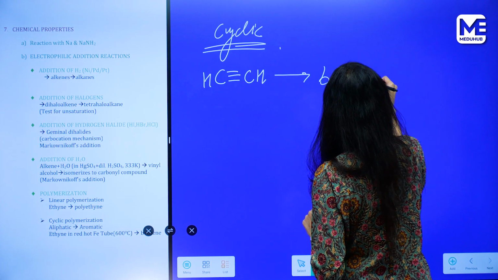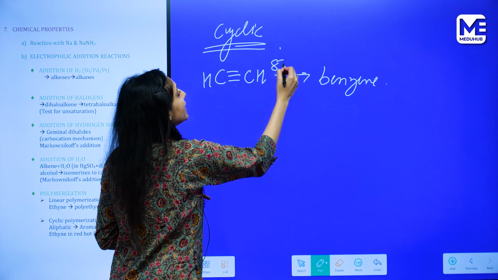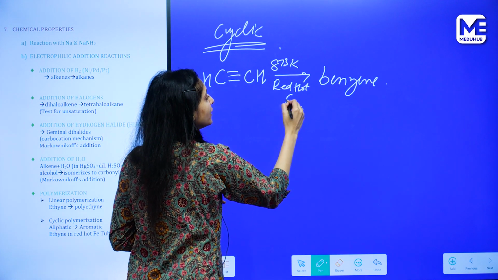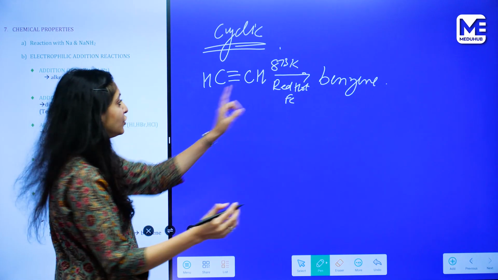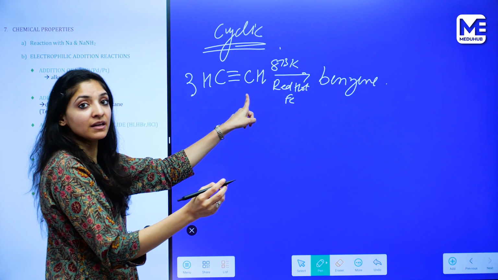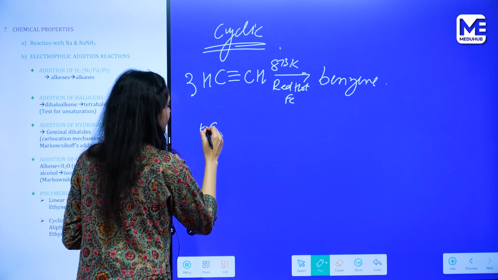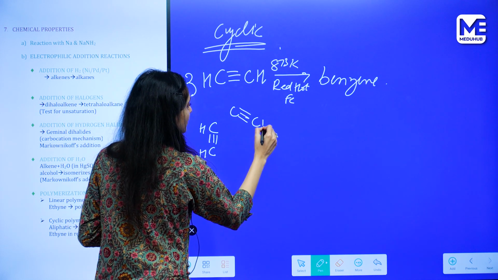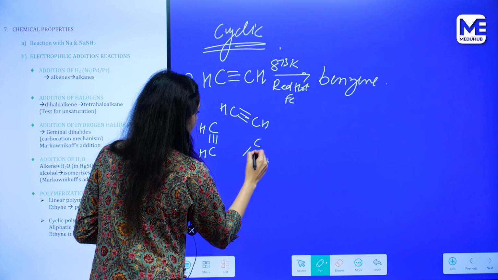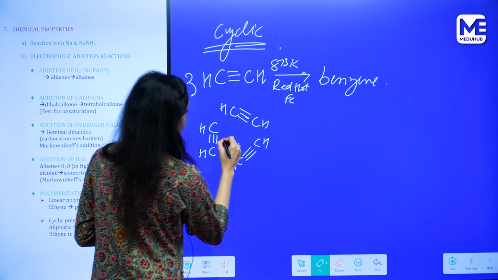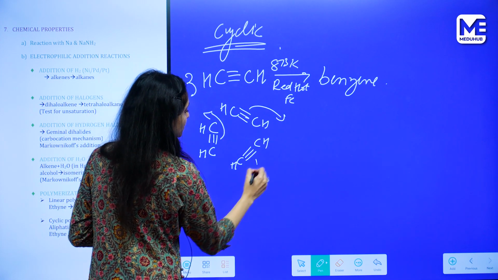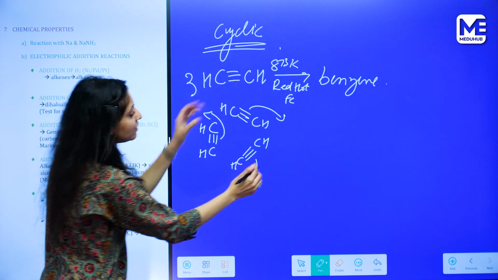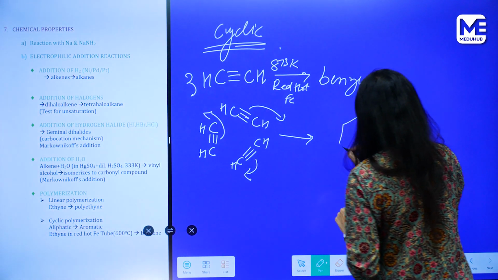How does this happen? 873 Kelvin, red hot iron tube. If ethyne is passed through a red hot iron tube, 3 molecules of ethyne will polymerize. This can be drawn like this. H, H, C, H, H. This one goes here, this one goes here, this one goes here. This will undergo polymerization. These 3 molecules add together to give us benzene.